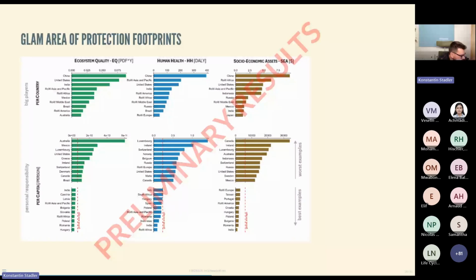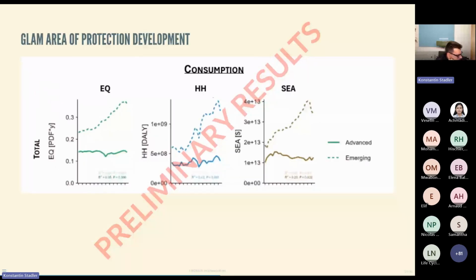And similar pictures for human health and socioeconomic assets. We then also looked into the timeline, and here we separated into advanced and emerging economies. So we have ecosystem quality, human health, and socioeconomic assets, and how they develop over time. And we see, in particular for the emerging economies, the first impacts of Corona and COVID in the last year.